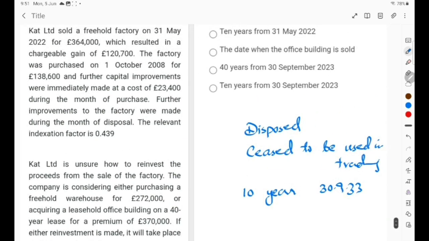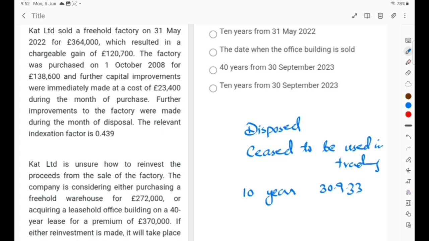So these are the three dates you have to consider, and whichever is earlier is the date when the gain is to be crystallized. Again, the date when the replacement asset is disposed of; second, the date when the replacement asset ceases to be used in trading; and third, 10 years from the date of purchase of the replacement asset.